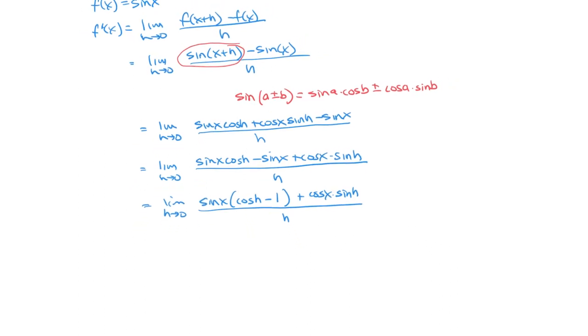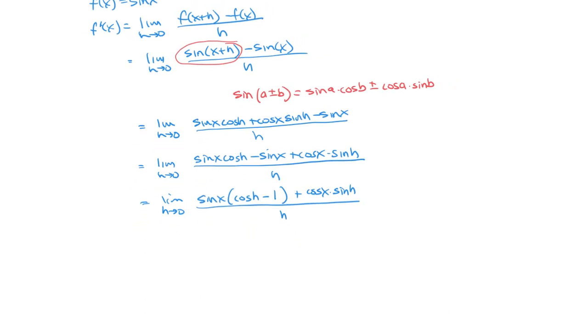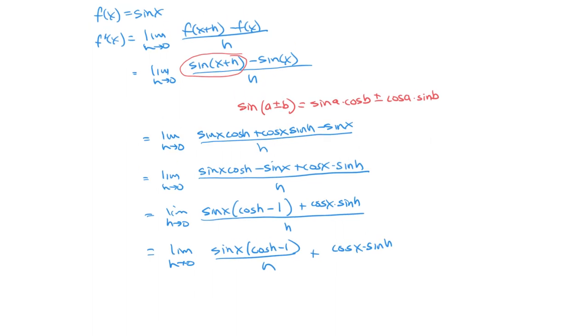Then what we need to do is split this up, using a little algebra. Limit as h approaches 0. I'm going to put these two over their own h. So I could write this as sine of x times cosine h minus 1 over h, plus cosine x times sine of h all over h. This would be the limit of this big thing.